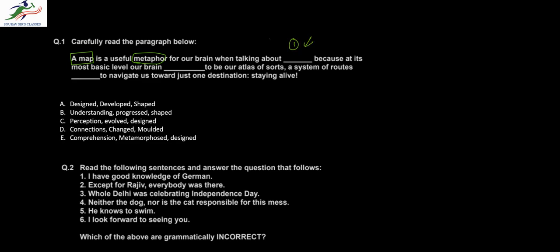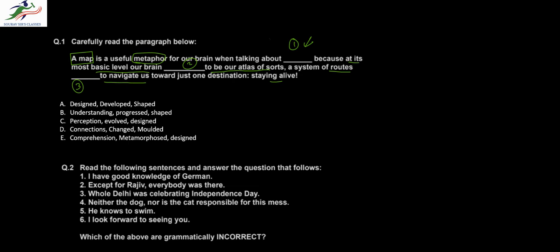So this we don't know what it is, because at its most basic level, our brain, we don't know what this is, to be our atlas of sorts, a system of routes, and again there's a missing word, to navigate us towards just one destination, staying alive.